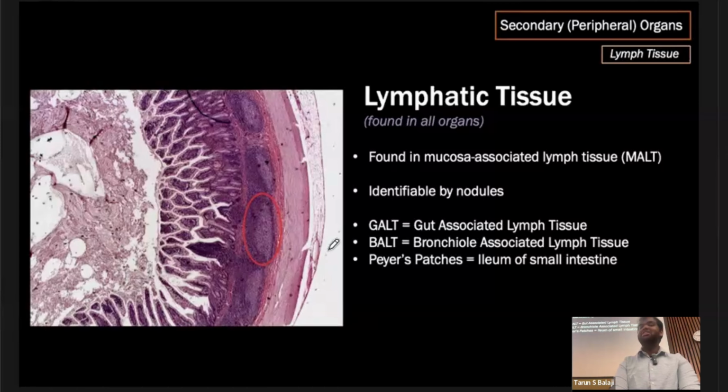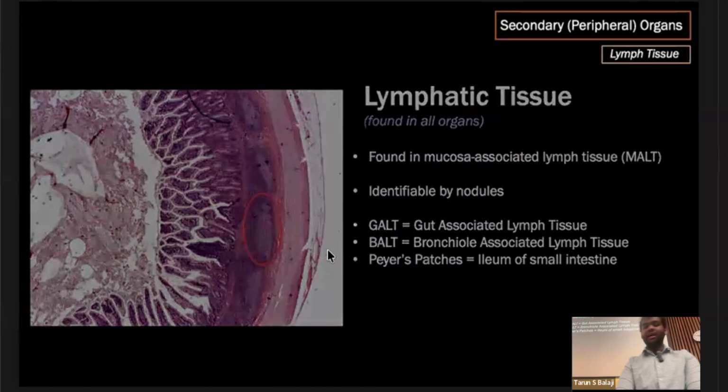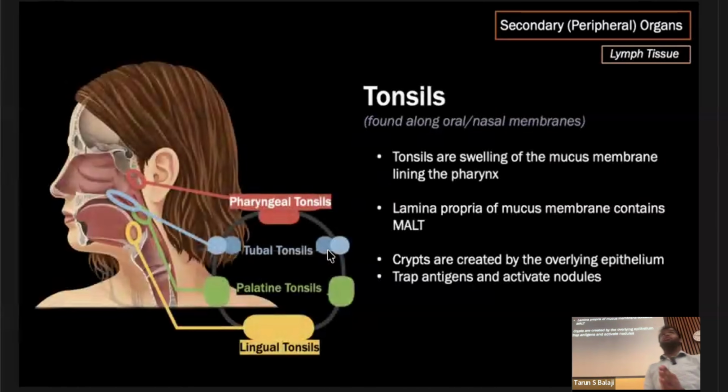I know, missed opportunity. Now, one specific type of MALT are your tonsils. Your tonsils are this mucosa-associated lymphatic tissue that's specifically along the pharynx, so we're thinking your airways, and the lamina propria, the layer underneath the mucosa.